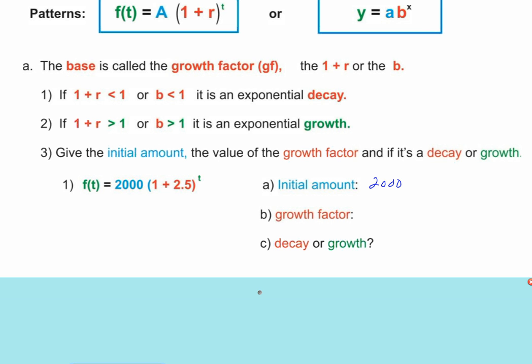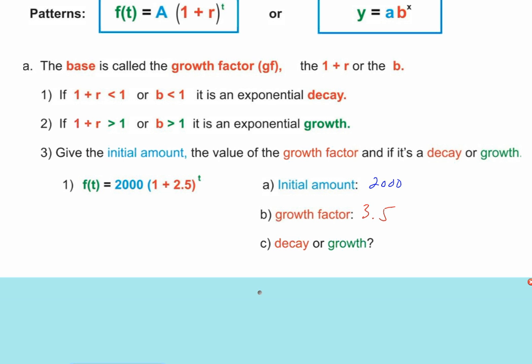Somebody raise your hand and tell me the growth factor. Kirsten. So the growth factor is 3.5, thank you. Yes, last time I checked, 1 plus 2.5 is 3.5. Okay, that's the base, and you get an idea how quickly that's going to go up.